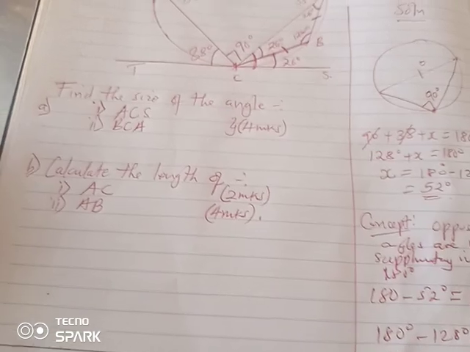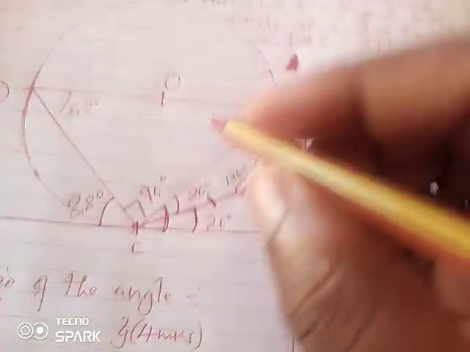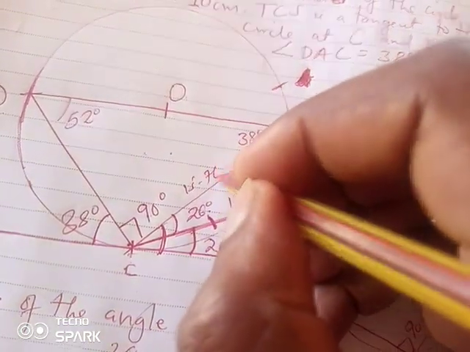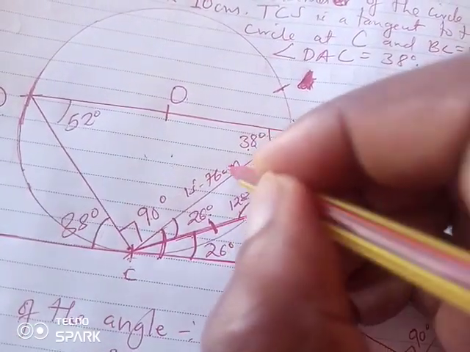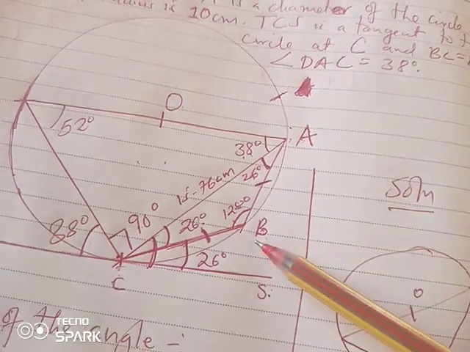So the last part of the question now reads, we need to get AB, and AB from our diagram, here it is. Now that we have gotten this to be 15.76 centimeters, now we need this side AB.